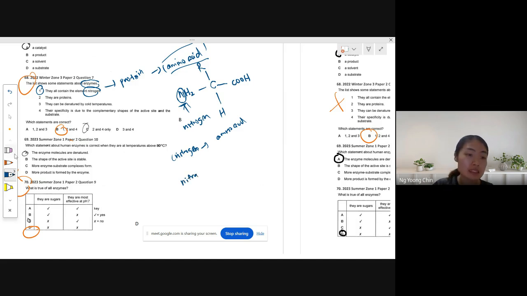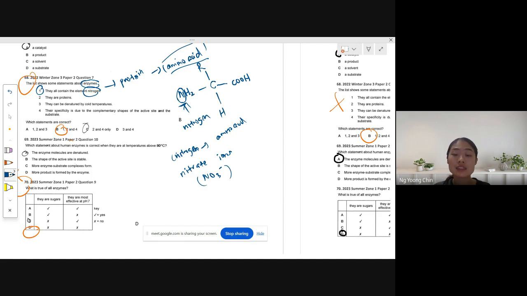You will learn about this in the plant nutrition part, nitrates. I'm not sure whether you have heard about this before. Nitrate is a kind of ion, okay? Nitrate ions. So the nitrate ion has the chemical formula NO3 minus.